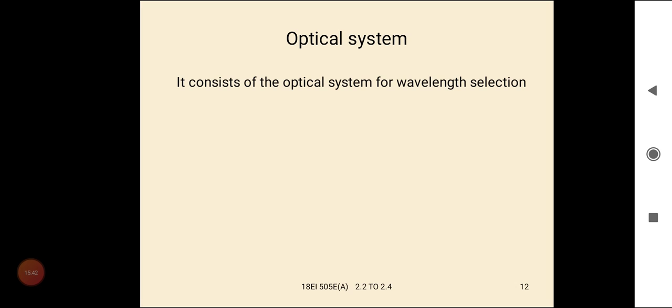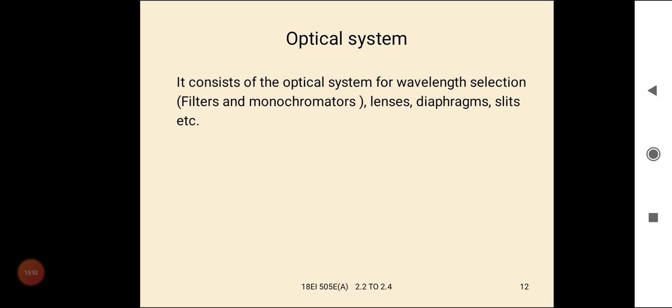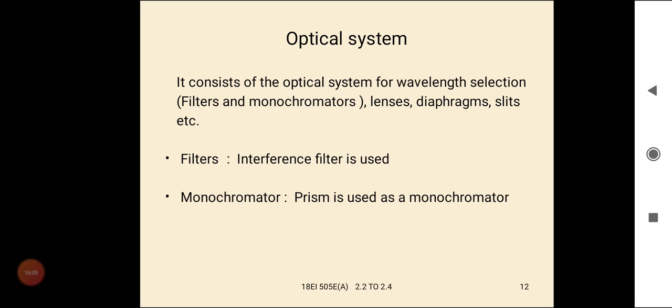Optical system. It consists of an optical system for wavelength selection, filters and monochromators, and lenses, diaphragms, slits, etc. are used. Filters: interference filters are used. Monochromator: prism is used as a monochromator.